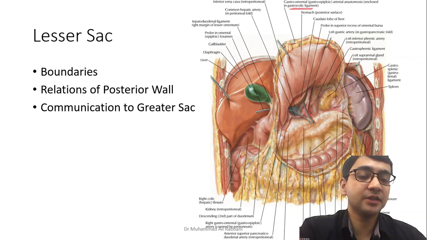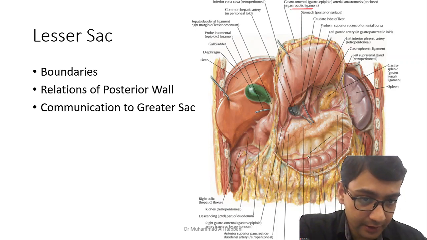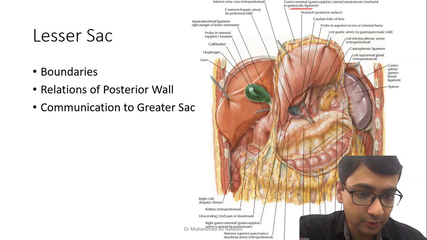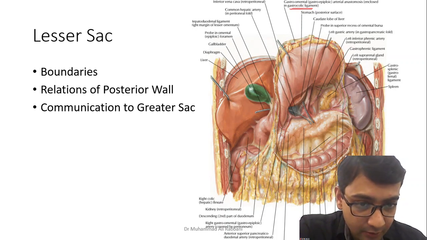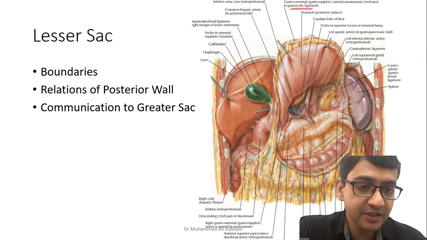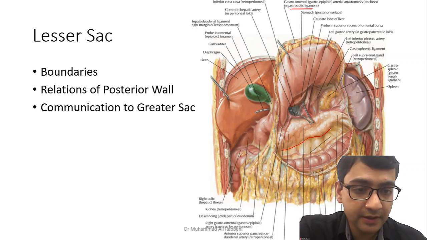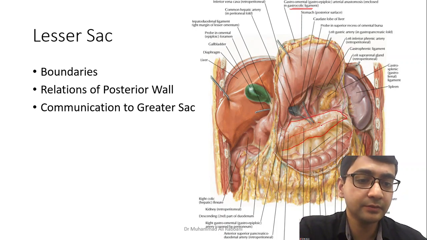Here now you can see the posterior wall. What are the structures that are making the posterior wall? Here the posterior wall is being made by the transverse colon. Simply speaking, from here to here you can see that this is the mesentery of the transverse colon, the transverse mesocolon. Then there is an organ, the pancreas, the pancreatic gland.